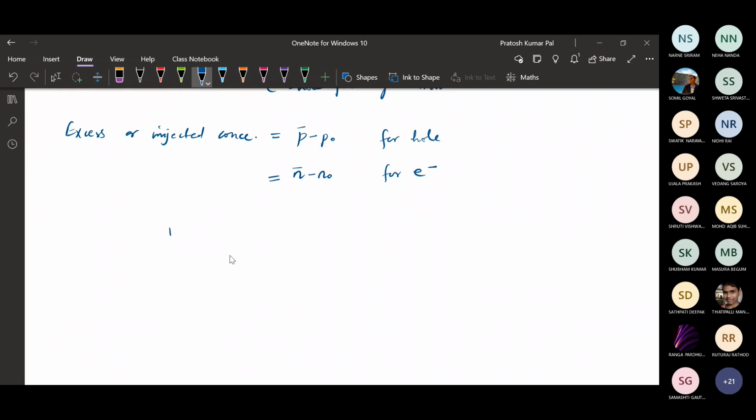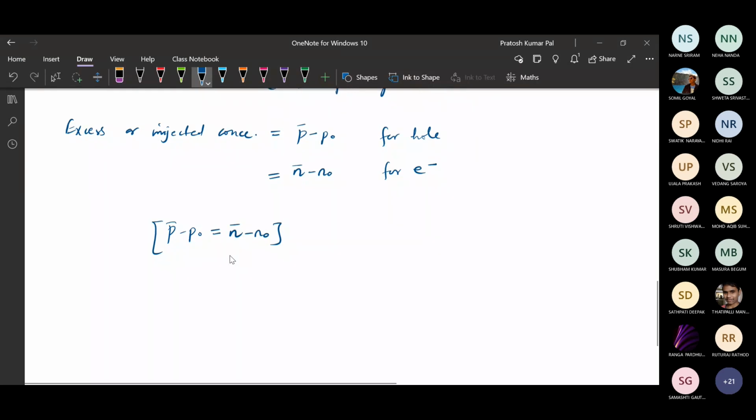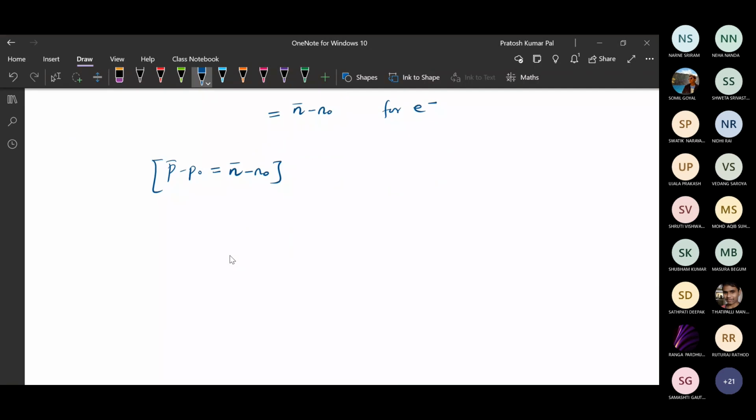From there we can say p dash minus p naught equals n dash minus n naught. Okay, so this is the amount of generation of holes, and this is the amount of generation of electrons. But one thing we can note here is that we have taken an n-type semiconductor.